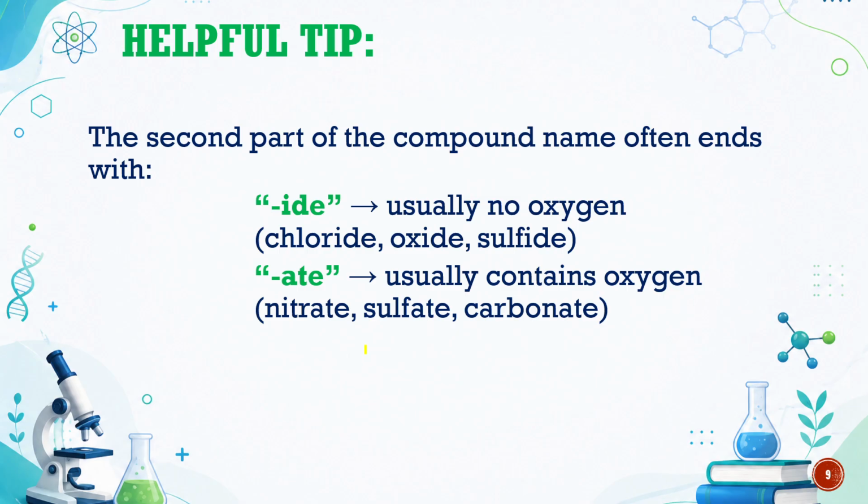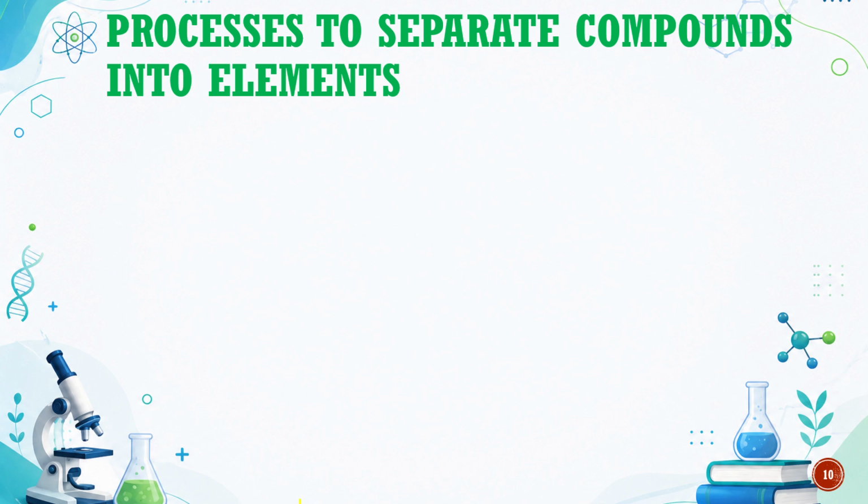When a compound name ends with -ate, it usually contains oxygen. Examples here would be nitrate, sulfate or carbonate. So these two are the important things to remember when you identify or write the correct name of a compound based on the elements in it.